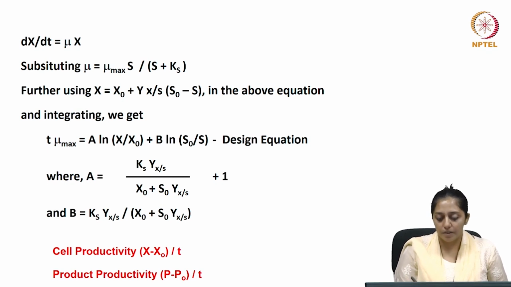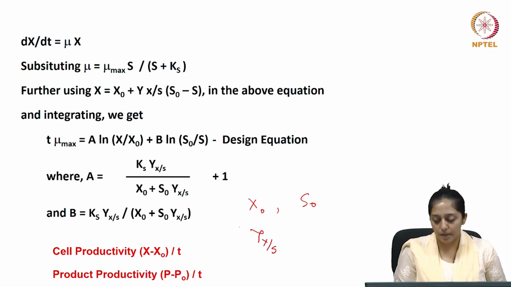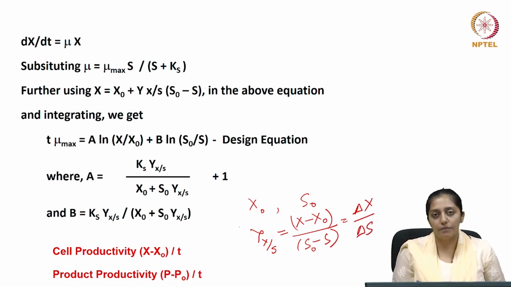Now, another equation which we know is, if x naught is your initial biomass concentration in this fermentation and S naught was your initial substrate concentration, and Y x by S is your yield coefficient, assuming no endogenous metabolism, then Y x by S is equal to the amount of biomass produced to the total amount of substrate consumed, which was delta x by delta S. This is how yield coefficient is defined.